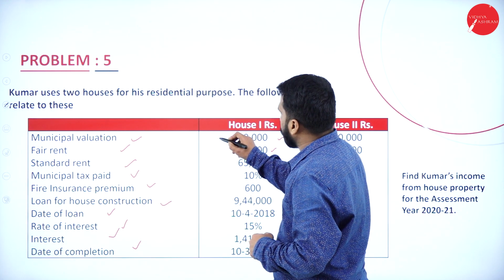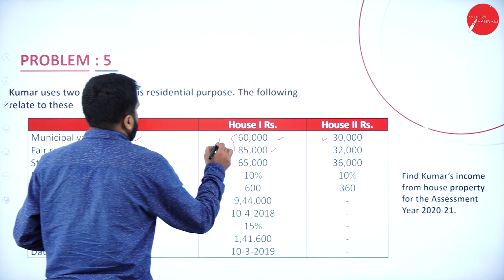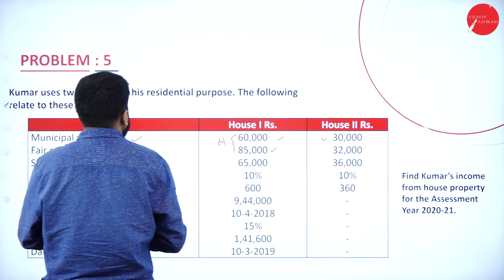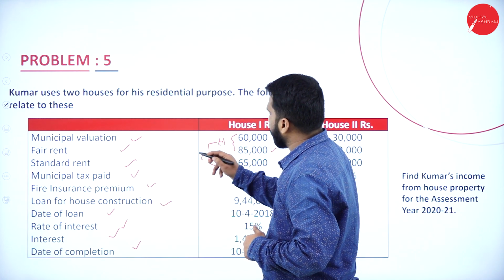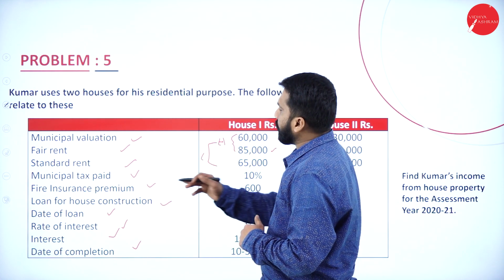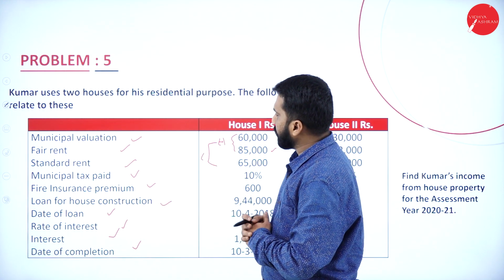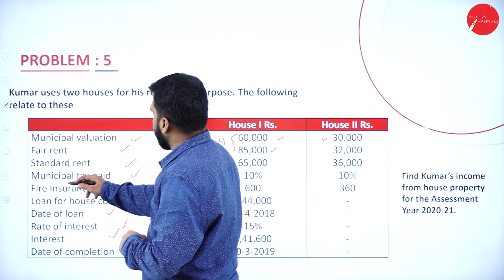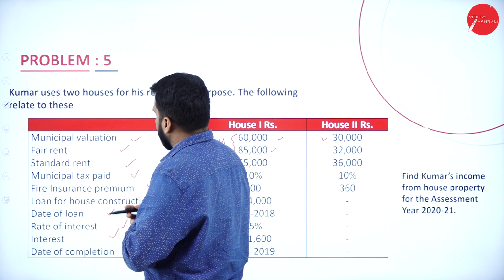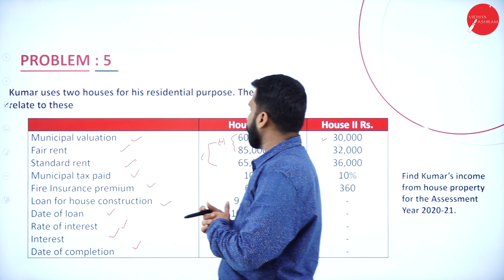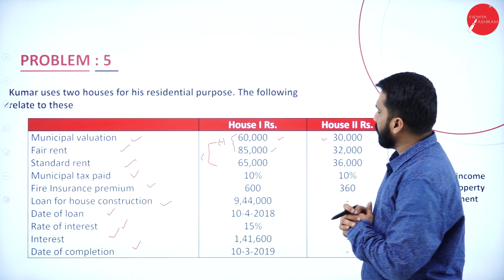Out of these 2, whichever is higher. Once we are done with this, compare with standard rent, whichever is less. Then you compare with your actual received. So where is actual received here? We have standard rent, municipal tax paid, fire insurance, loan, date of loan, rate of interest, and date of completion. These are the informations we have.